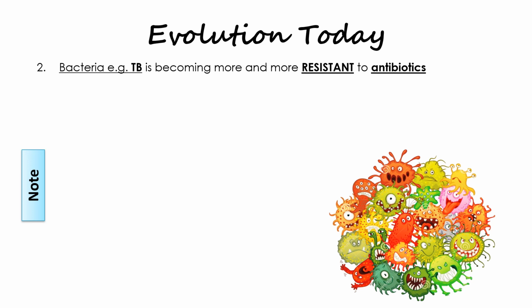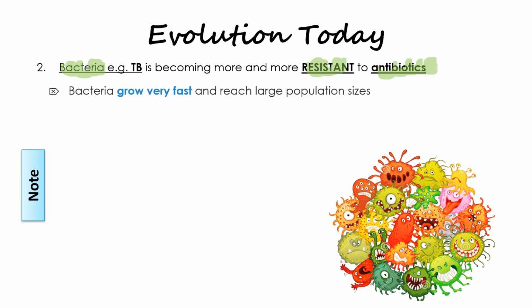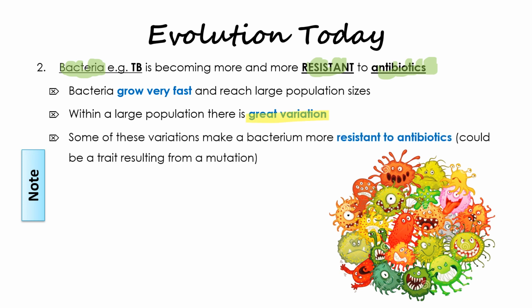So in die volgende voorbeeld het dit te doen met hierdie bakterieë, die TB-bakterieë wat weerstandig raak teen antibiotika. En dit gebeur spesifiek wanneer mense nie hulle behandeling klaar maak nie. So ek gaan weer vir my sê, daar is binne die bevolking is daar variasie. Sommige van hierdie bakterieë is weerstandig, some are resistant to the antibiotics, and they will be able to survive when antibiotics are added to the environment.